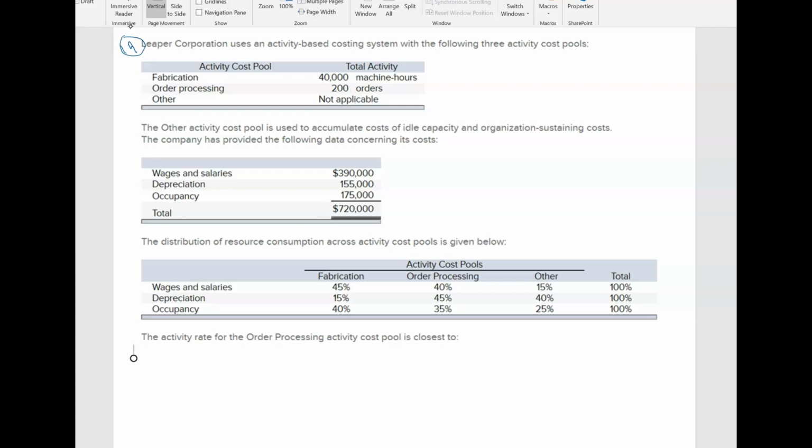And we're going to do the same thing. We have wages, depreciation, and occupancy, and we're going to multiply by the percentage for the order processing, which is 40%, 45%, and 35%.